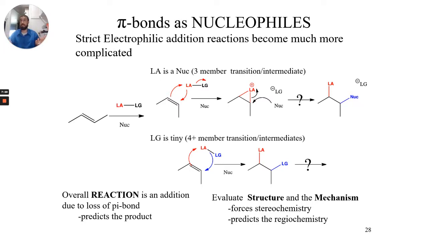If it does, then the Lewis acid can act as a nucleophile, and you're getting a three-membered transition or intermediate. In this case, as we're drawing the mechanism, we're forming a formal intermediate. That typically means that the Lewis acid is positive, though again, it depends on the specific scenario. And this is now where our nucleophile could come in, break open the ring, and we get our product.